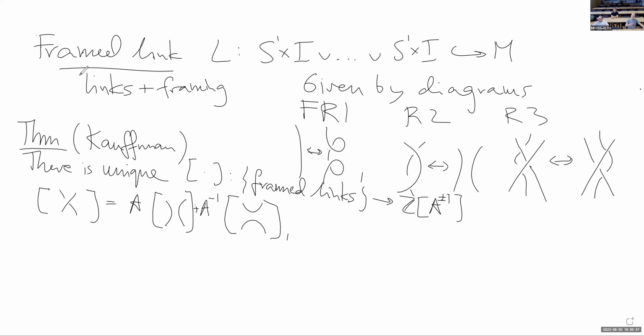And then the second relation says that if you have a link L with a trivial component disconnected from it, disconnected meaning unlinked from L, then this is the same as L times delta. And delta, it's a bit unexpected, but it's minus A squared minus A to the negative second. It's weird.